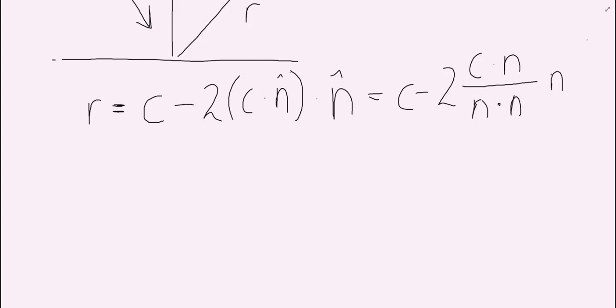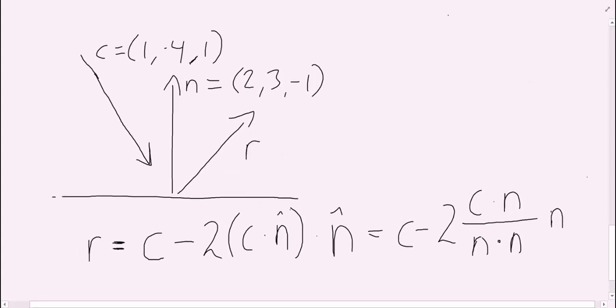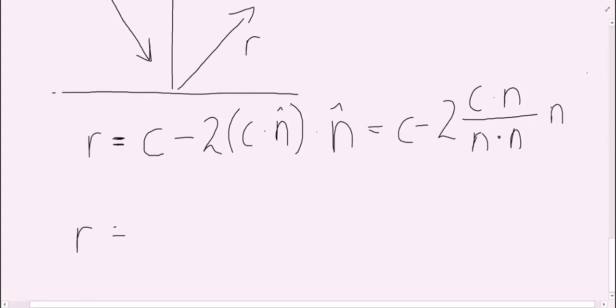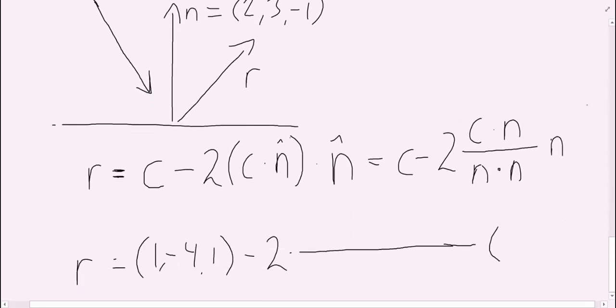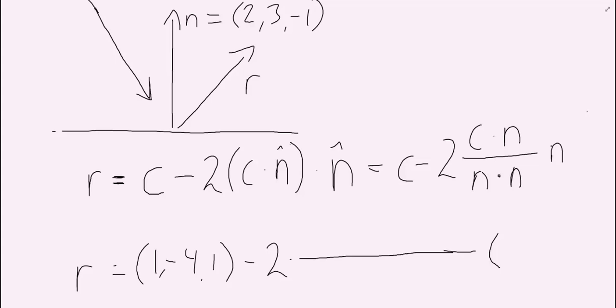So in this case, r equals, what's our numbers there? 1 minus 4, 1, minus 2 times the dot product here on top, and the dot product at the bottom, times 2, 3, minus 1.